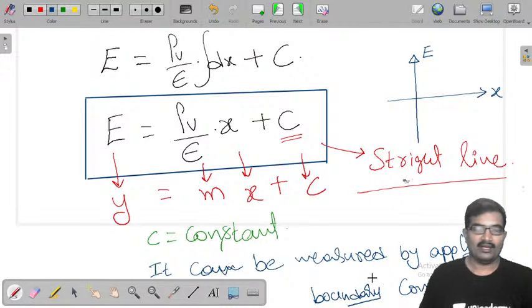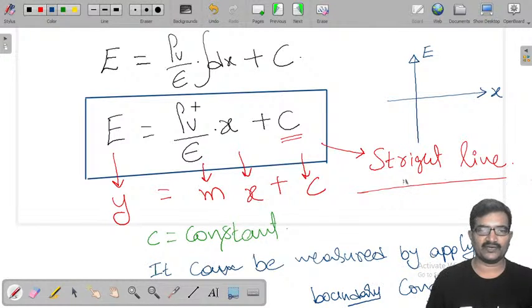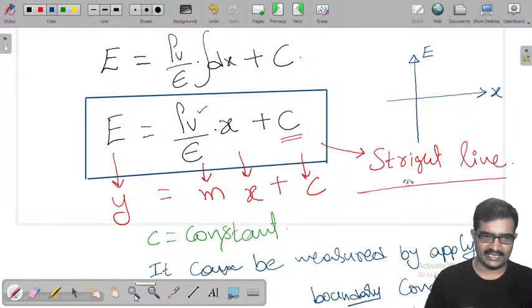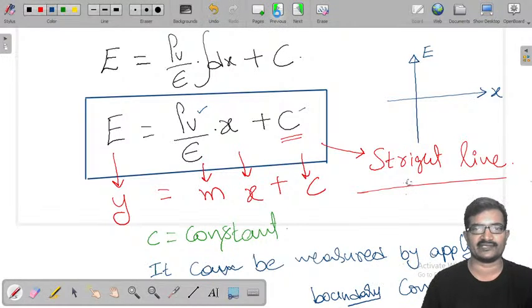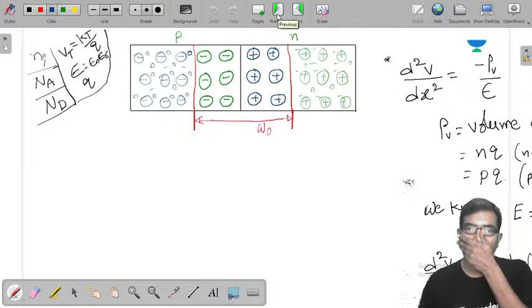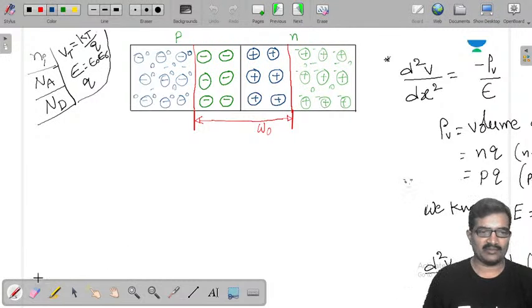Now I am first going to represent the equation for rho V. After that, I calculate the value of C. Now I am going to the previous one, so now I am going to plot this.